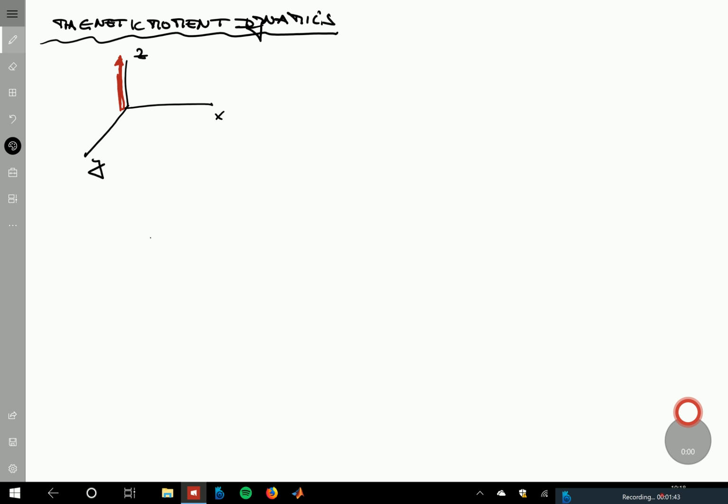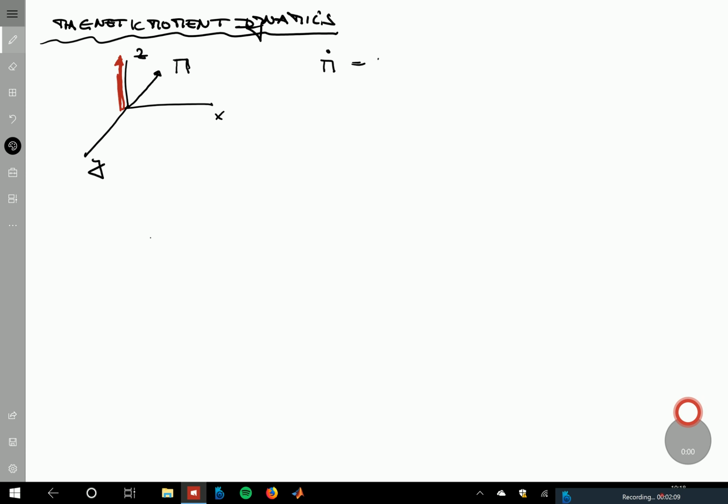I hope you remember that we discussed the dynamics of some magnetic moment vector, and we have established by now that its dynamics is given in terms of systems of differential equations.